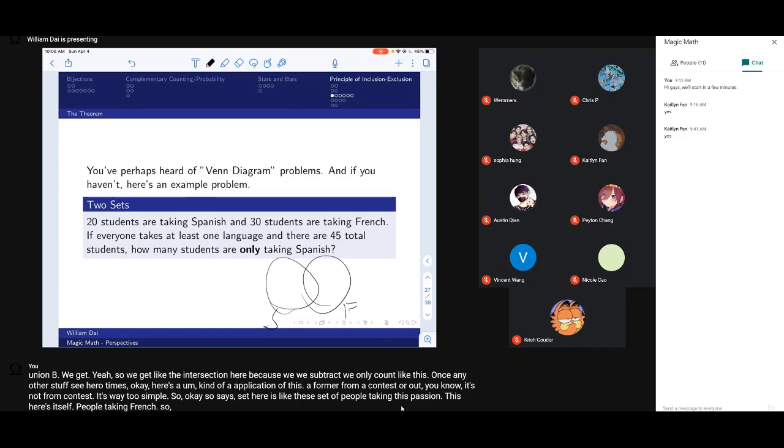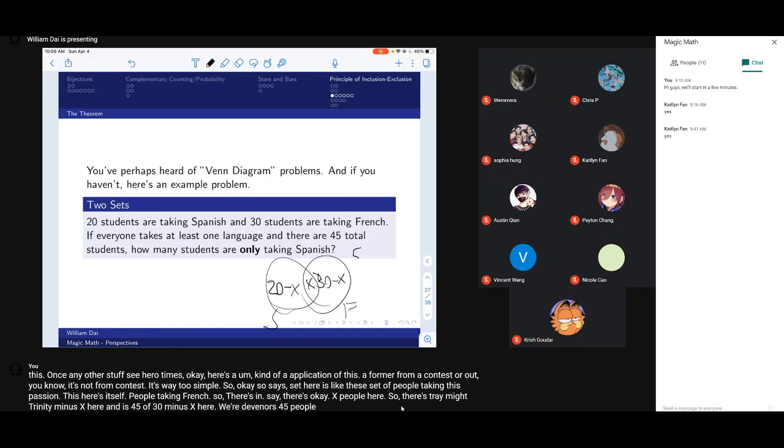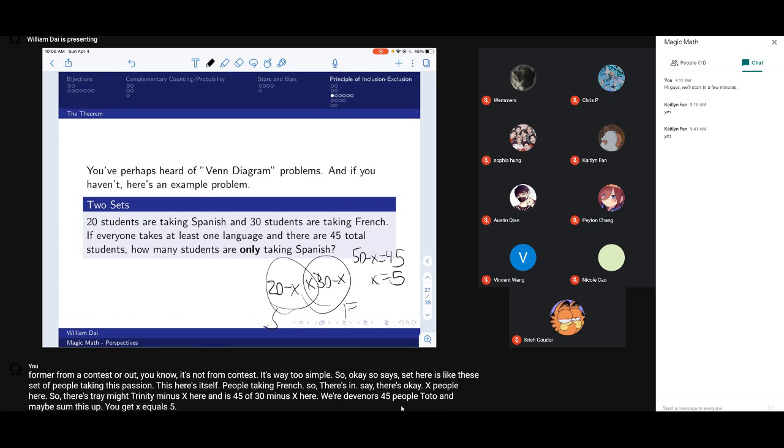There are X people here, so there's 20 minus X here, and 30 minus X here. We're given there's 45 people total, and when we sum this up, you get X equals 5. The number of students that are only taking Spanish is 20 minus X, so it's 15.